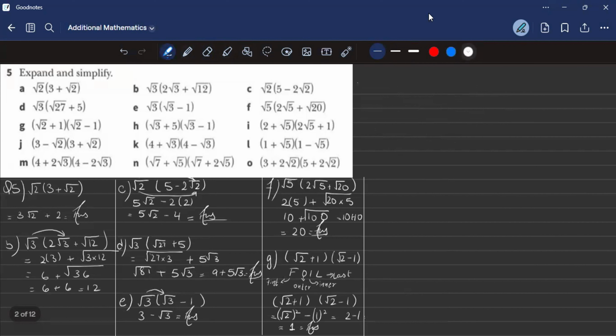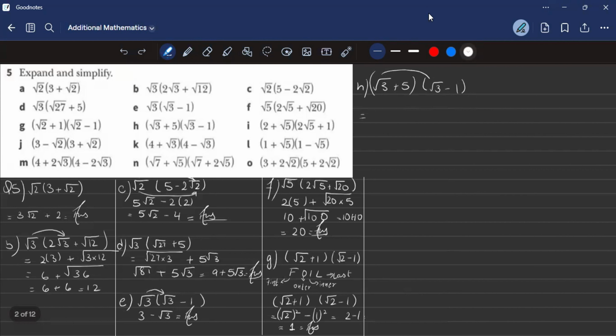Part H is basically square root of 3 plus 5 multiplied by square root of 3 minus 1. So what we're going to do is simply multiply these two values. Now, as we discussed, the FOIL method.